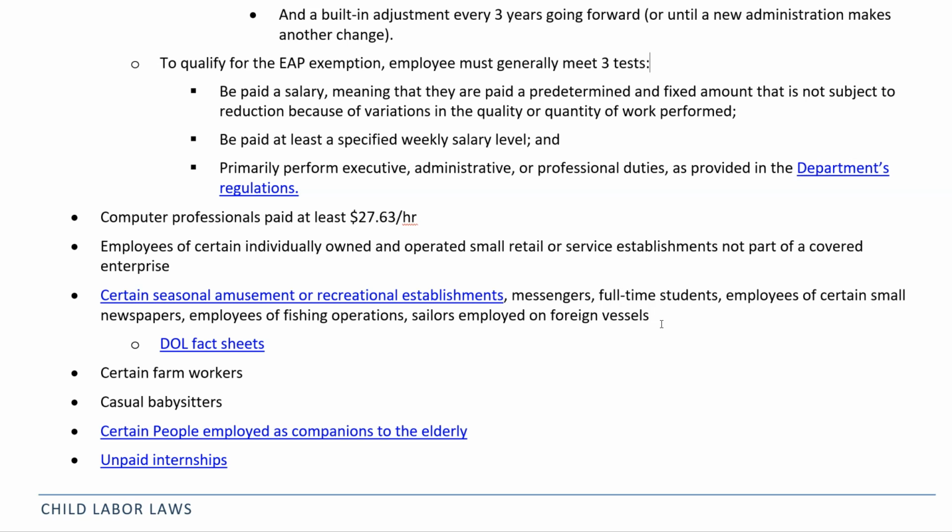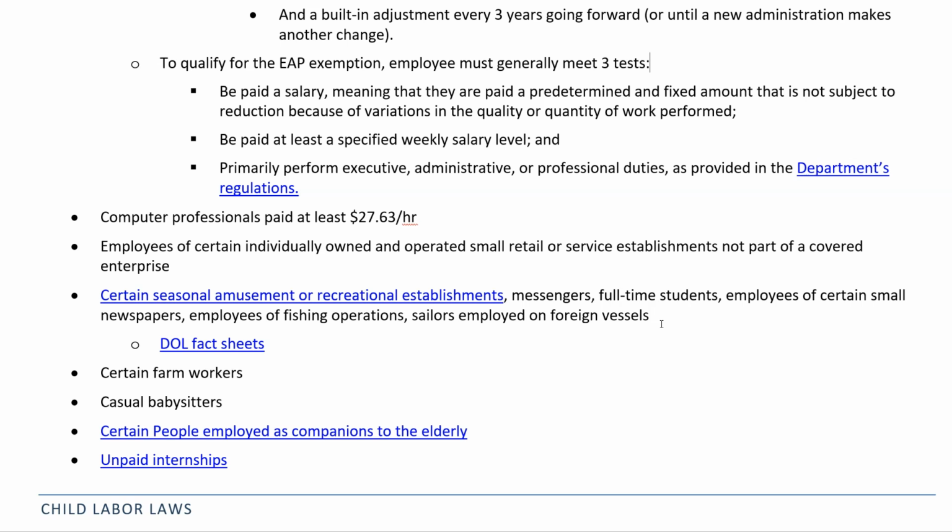Another one is certain seasonal amusement or recreation establishments. I give you a link there so you can find out what exactly that means, but we're thinking about amusement parks, some summer camps. I know I worked at a summer camp when I was trying to pay my way through college.